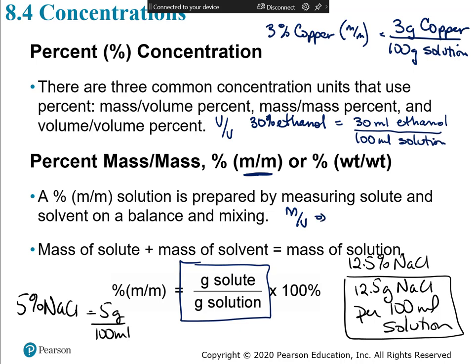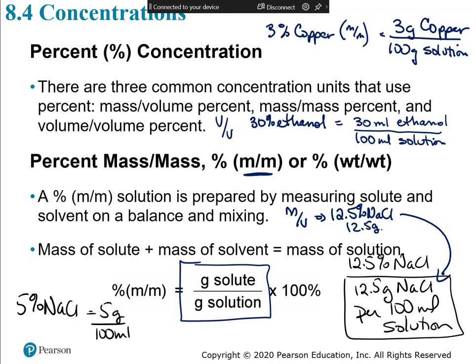So for the units for a mass to volume, say that I have 12.5% NaCl. That just tells me that I have 12.5 grams of sodium chloride per 100 milliliters of solution. So that's mass of the solute per 100 milliliters of that solution.